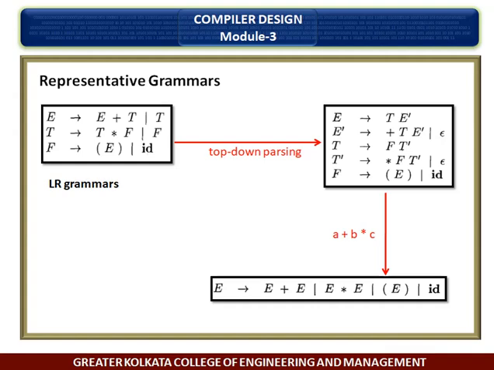Here, E represents expressions consisting of terms separated by plus signs. T represents terms, which consist of factors separated by multiplication signs, and F represents factors that can be either a parenthesized expression or an identifier.